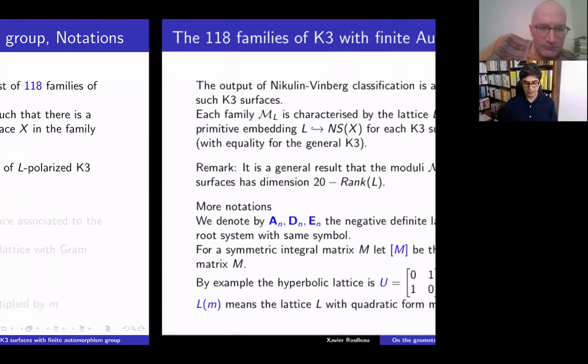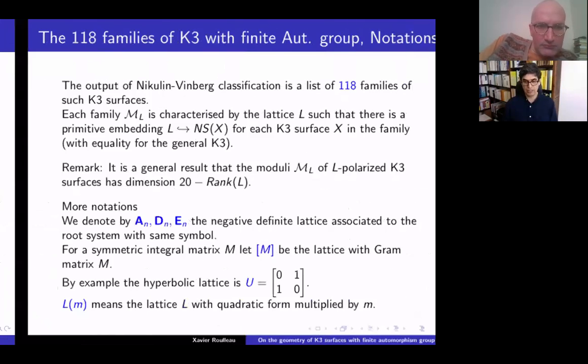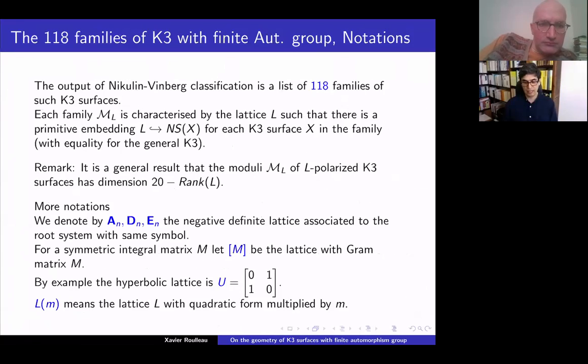I will need more notations. We are speaking about lattices. A, D, E are the negative definite lattices associated to the root system with the same symbol. When there is a symmetric integral matrix M, I denote by bracket M the lattice with Gram matrix M. For example, the lattice of the hyperbolic plane is (0 1; 1 0).